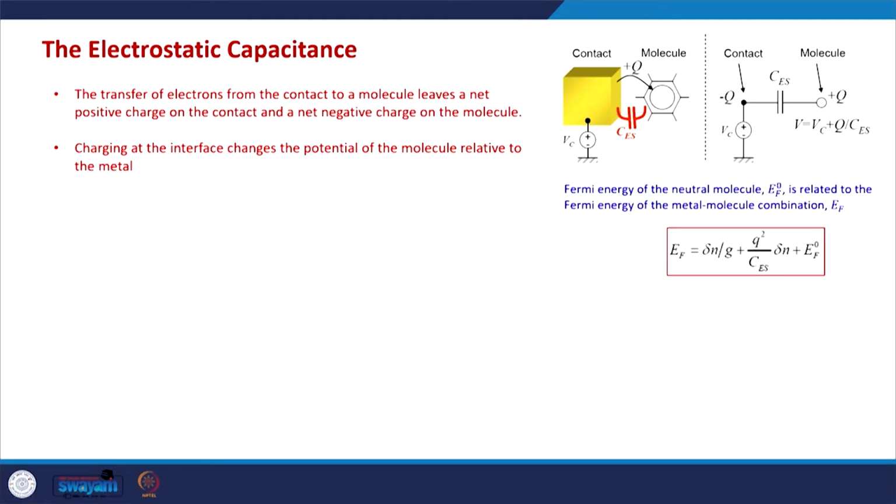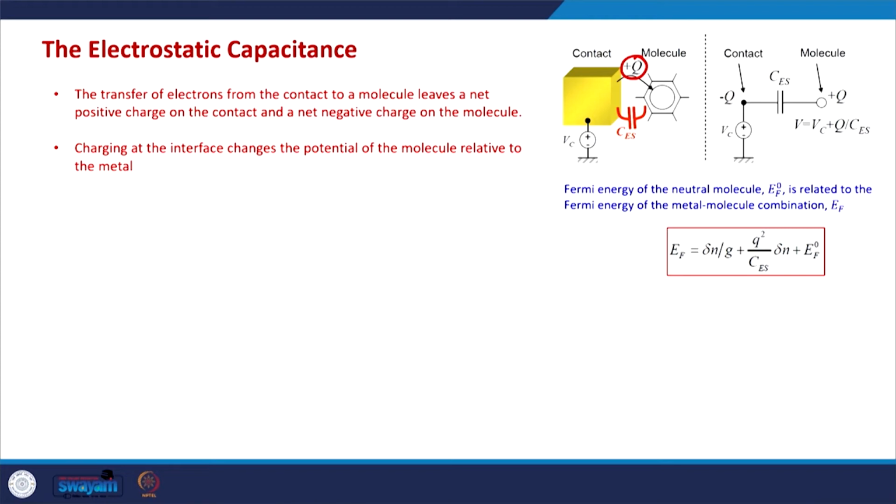So, when there is a transfer of electrons from the contact to the molecule, or vice versa from the molecule to the contact, a net positive charge, if electrons are getting transferred from the contact to the molecule, the contact will have a net positive charge and the molecule will have a net negative charge in a way.